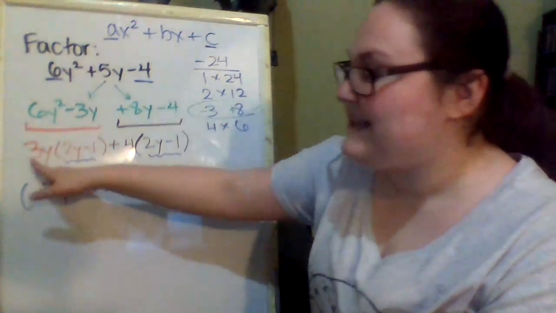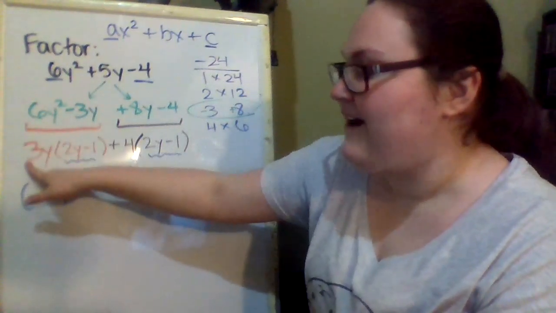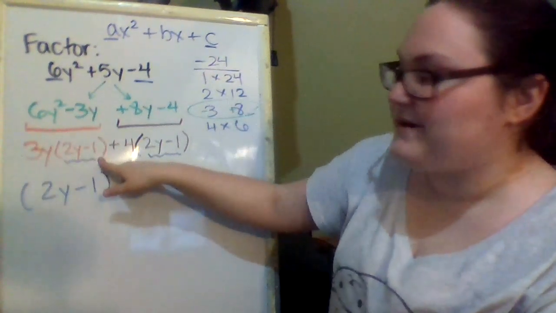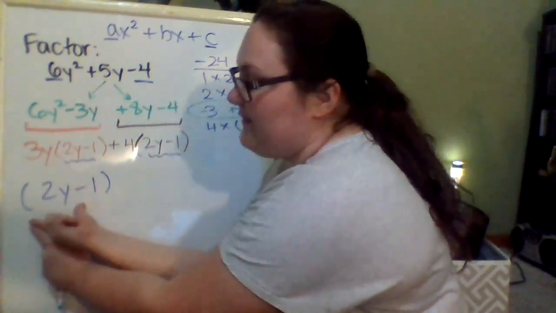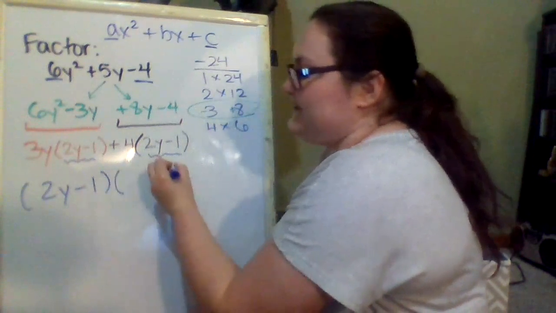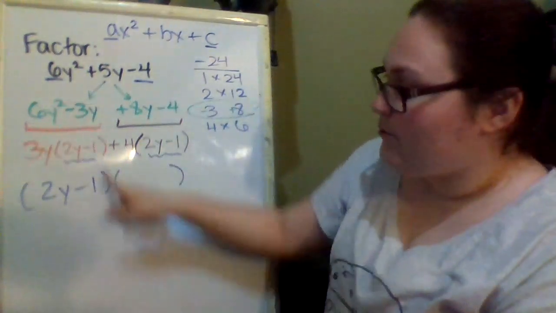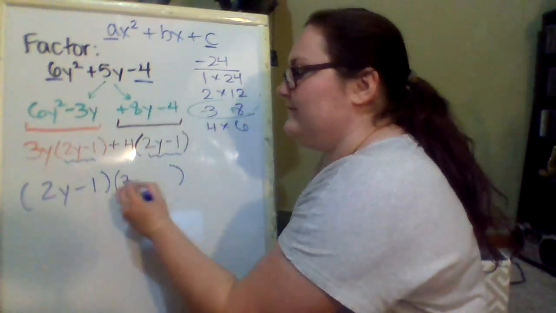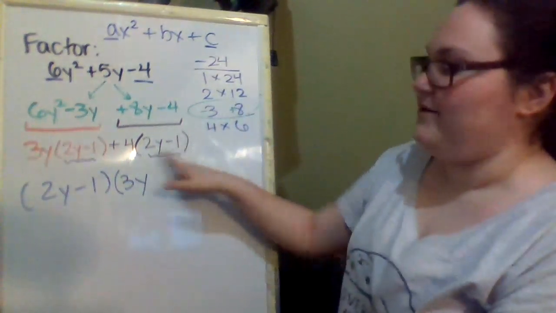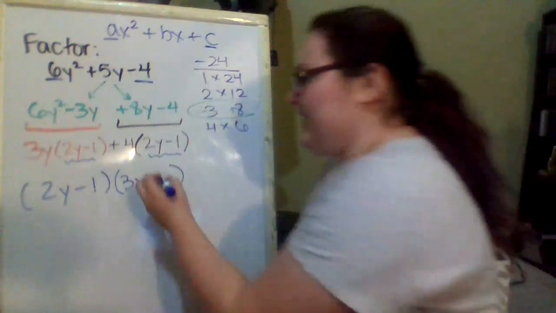Now, just like when we did that before, we pulled out what they had in common, and then we put parentheses around what was left over. So I've pulled out the 2y minus 1 they both have in common. I'm going to put parentheses around what's left over. Well, for this first part, what was left over was that 3y. And for the second part, what was left over was that plus 4.